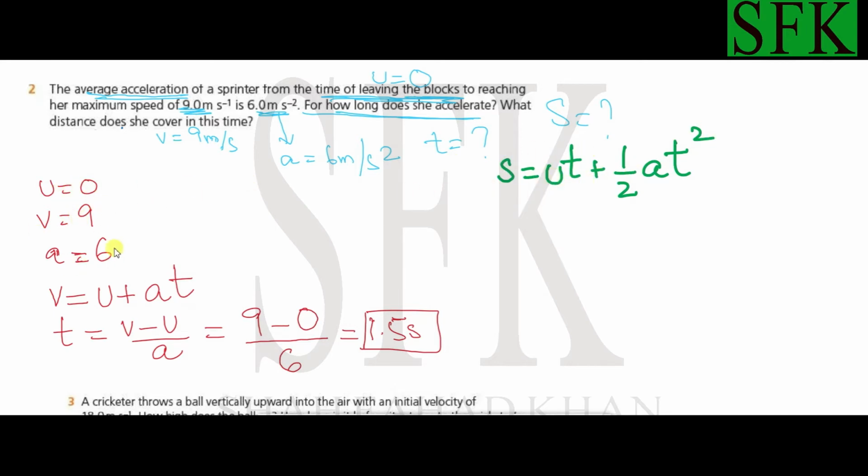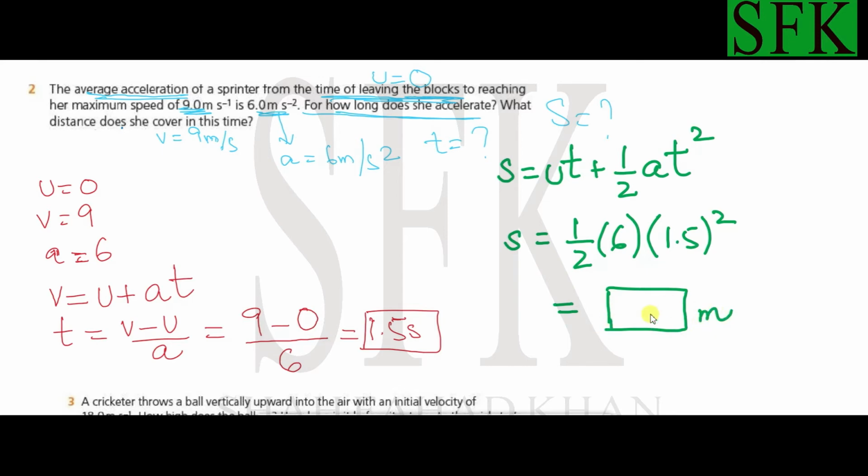We don't need v, we just need the acceleration and the time that we calculated. Half times a is 6 and t is 1.5, 1.5 squared, and the answer that we get is written over here.